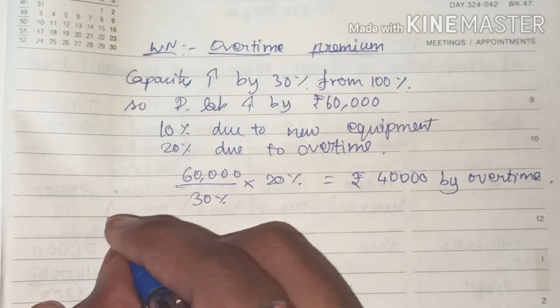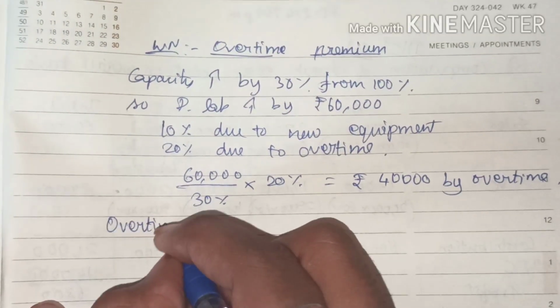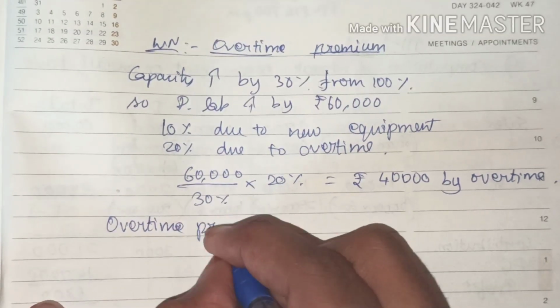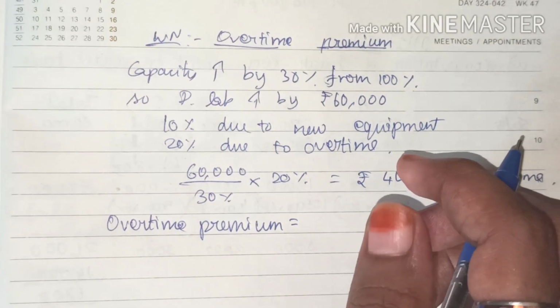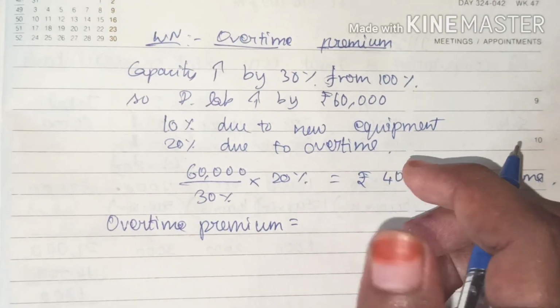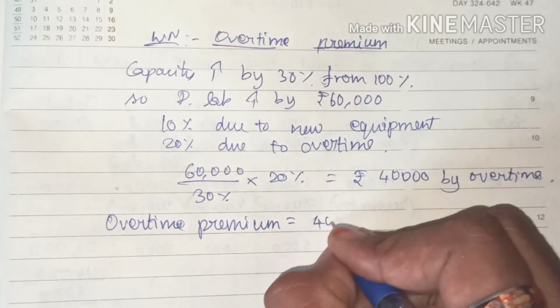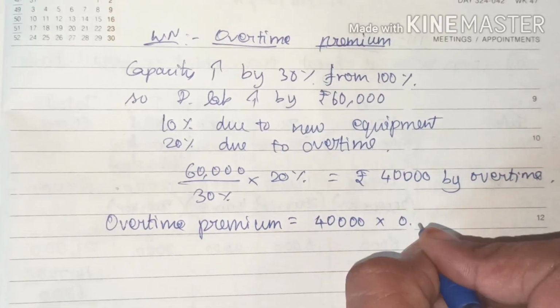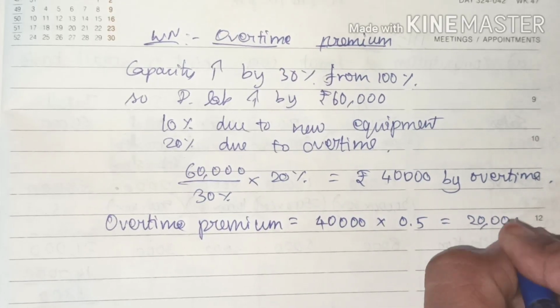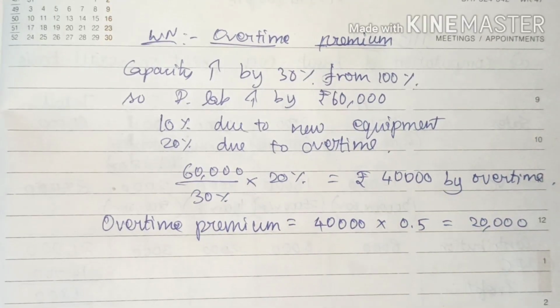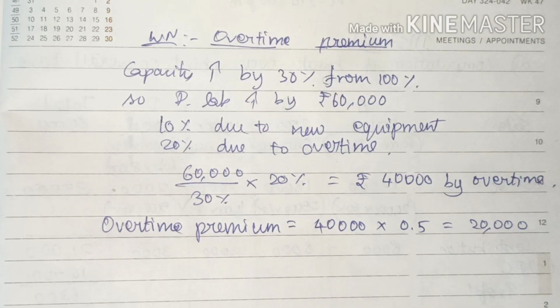So overtime premium is, see in question they given like 1/2 the normal rate. So 40,000 into 0.5 equal to 20,000. This is the overtime premium. You may get confusion that in question they have given 1/2 the normal rate.